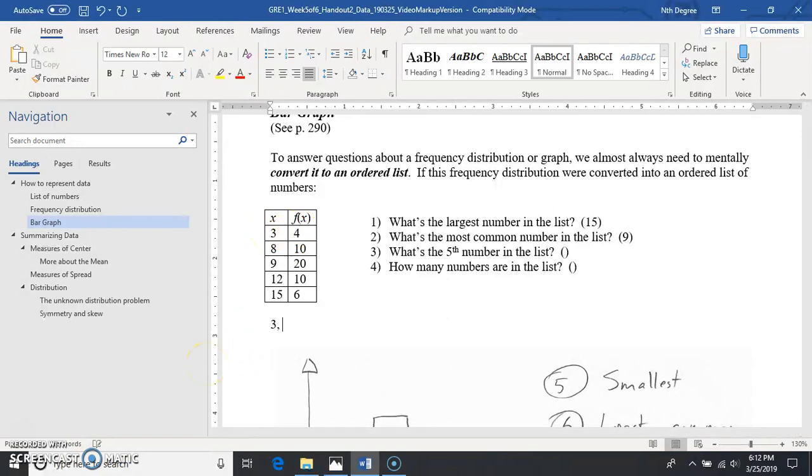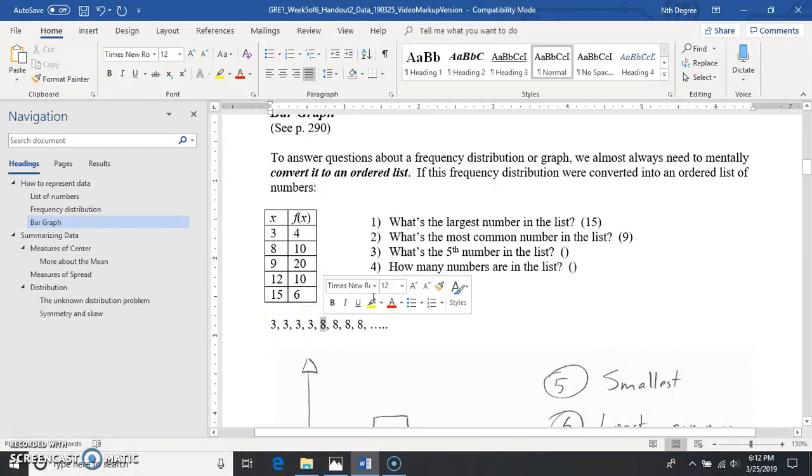Okay, you don't have to put them on paper, but you should at least put them in your mind. And then what happens next in the list? There are some 8s. How many 8s are there? A whole bunch of them. Okay, so I'm going to ask you again, what's the fifth number in the list? It is 1, 2, 3, 4. It's this 8 right here.